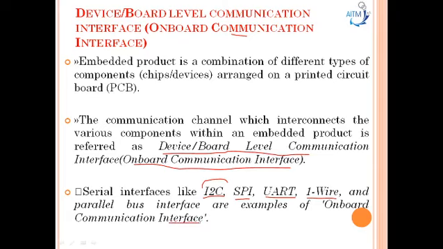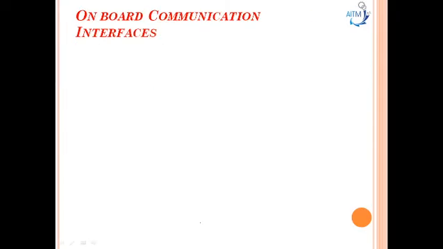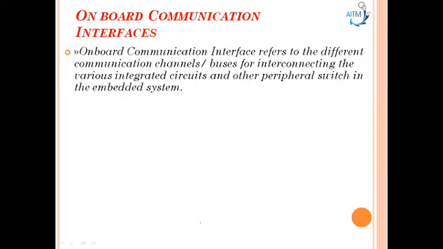Okay, now coming to the onboard communication interface. The onboard communication interface refers to the different communication channels or buses for interconnecting the various ICs and other peripherals in the embedded system. So they are all found on a printed circuit board.